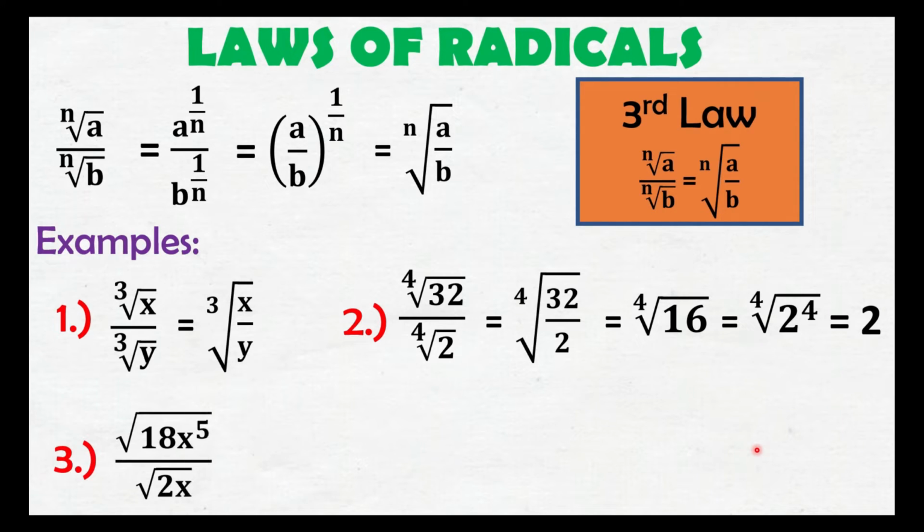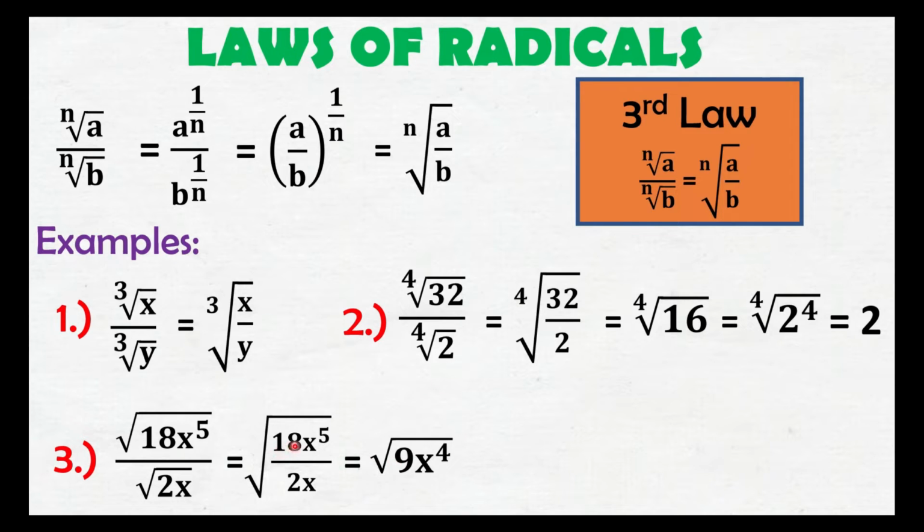Number 3, square root of 18x raised to 5 over square root of 2x. Okay? We can again combine that inside the radical sign by the third law. So, we have the square root of 18x raised to 5 over 2x.